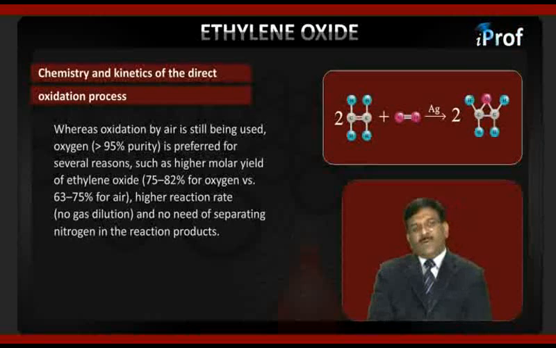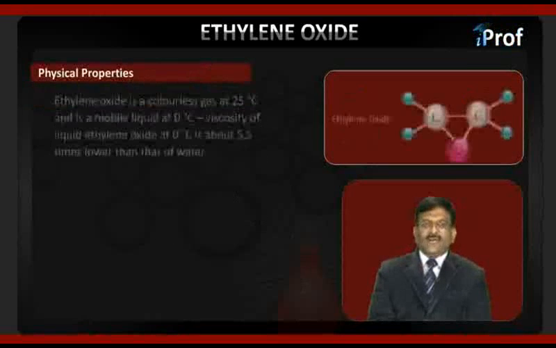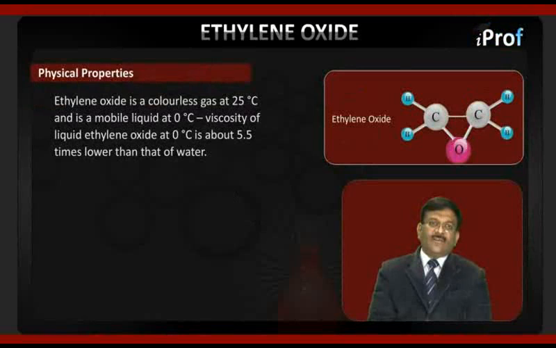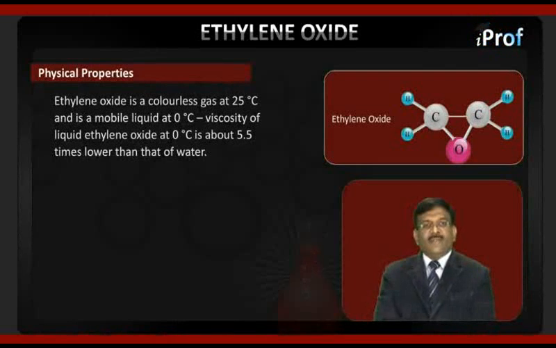Now the physical properties. Ethylene oxide is a colorless gas at 25 degrees centigrade and is a mobile liquid at 0 degrees centigrade. The viscosity of ethylene oxide at 0 degrees centigrade is about 5.5 times lower than that of water.